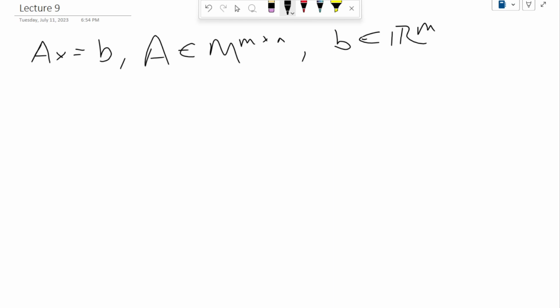You've probably seen these in your algebra classes, but you may not have seen them written quite this way until last week. But every linear system can be written in this way.